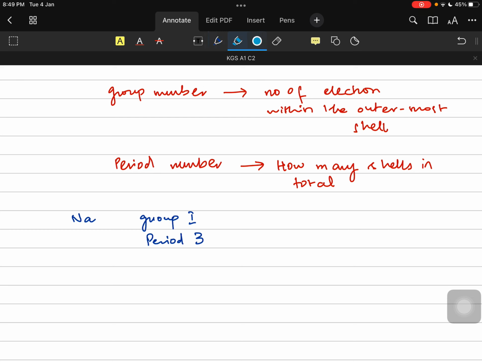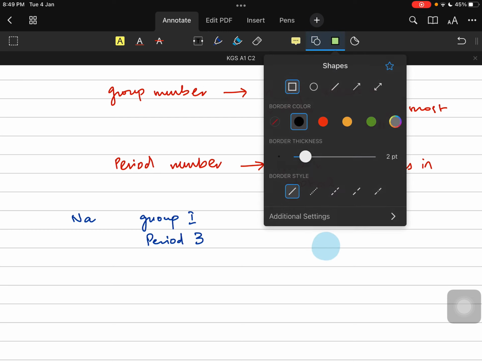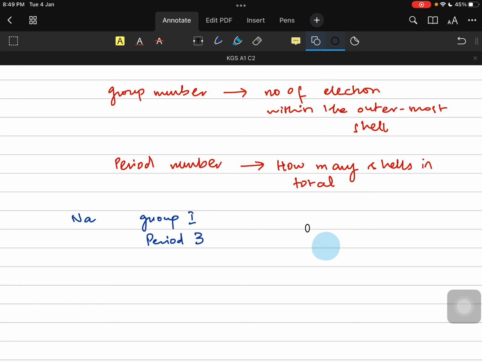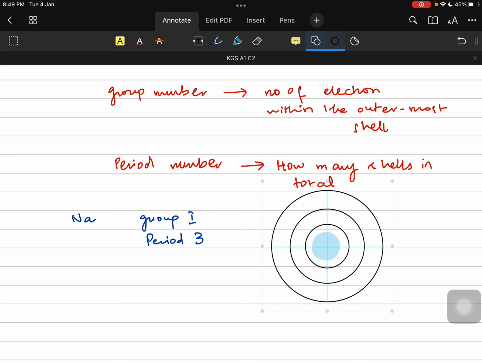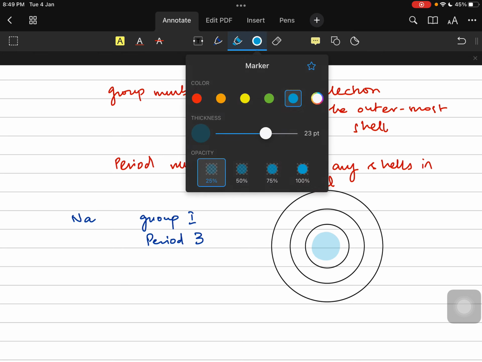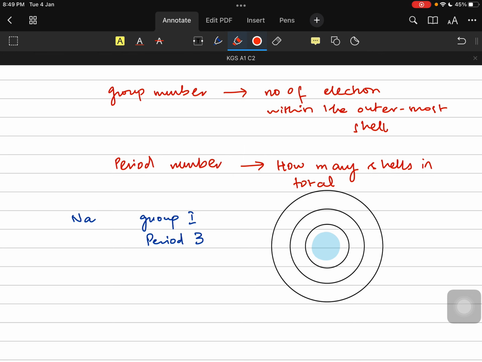This should be the nucleus of sodium, and sodium should have overall 3 shells: shell number 1, shell number 2, and then shell number 3. Sodium has 1 electron in the last shell.